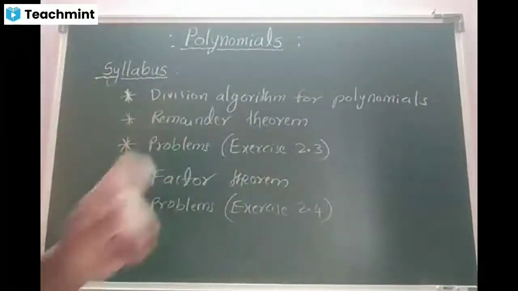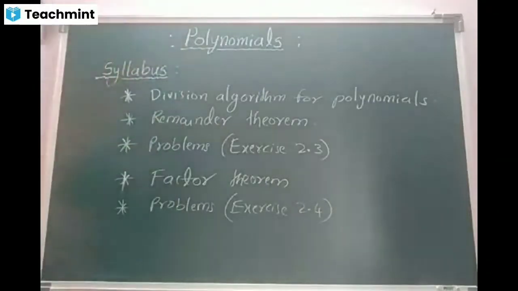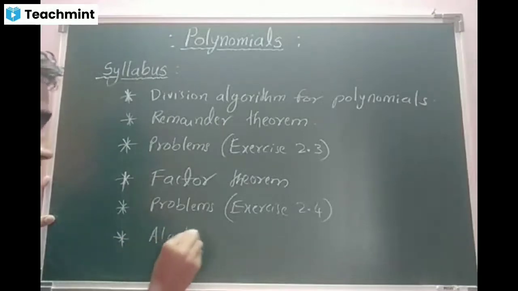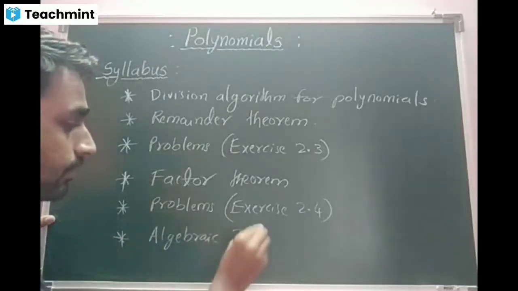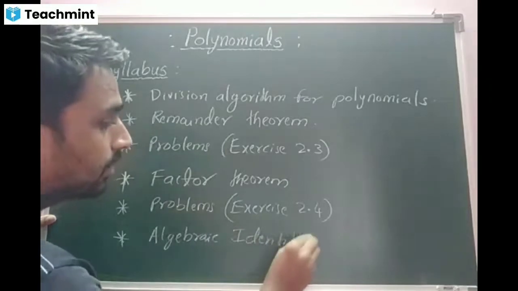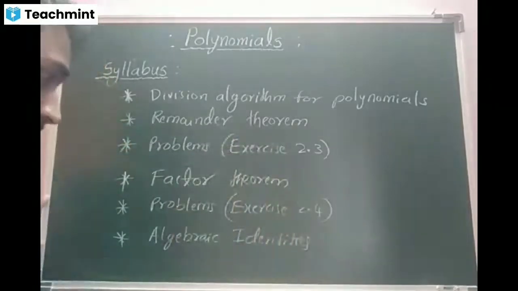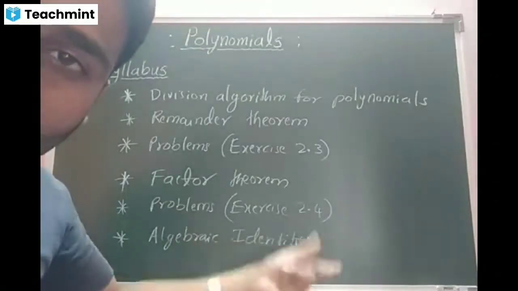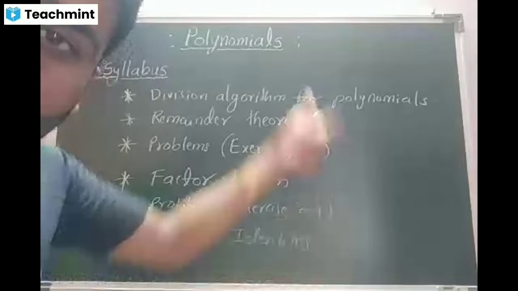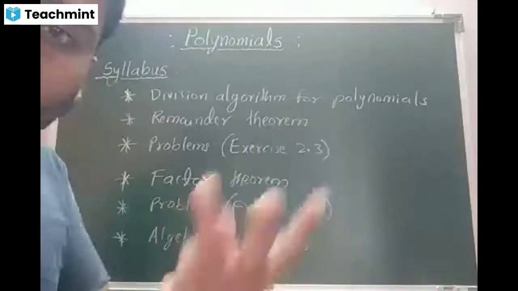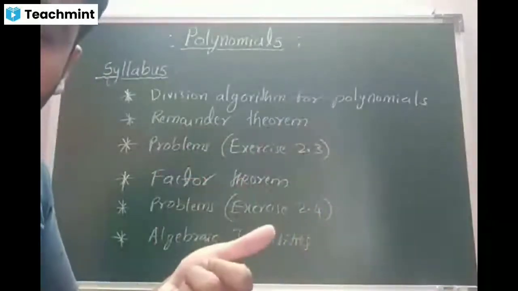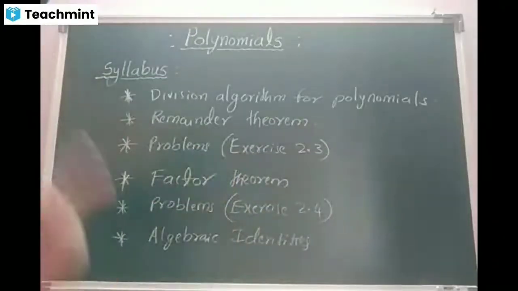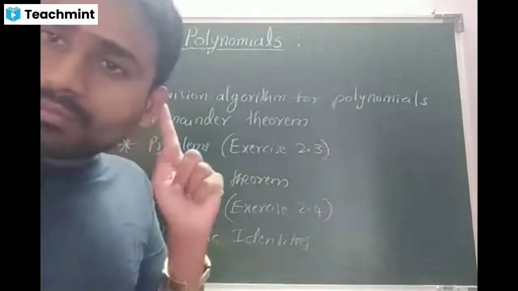Then the last part of the syllabus for this particular chapter is algebraic identities. The meaning is you are going to get a list of formulae associated with algebra. Already, beta, in 7th standard, you learned 3: a plus b the whole square, a minus b the whole square, a square minus b square. Am I right? Yes, sir.